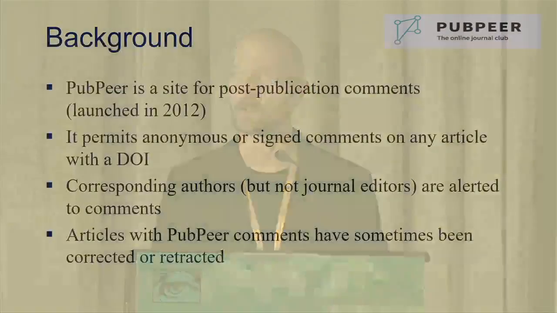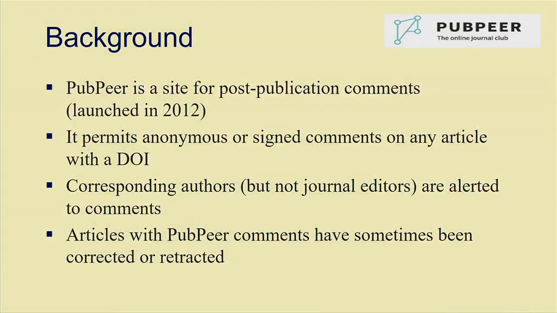Unlike PubMed Commons, it allows anonymous commenting. While PubMed Commons only allows users who have registered or published a study, in PubPeer you can use a pseudonym or be completely anonymous.